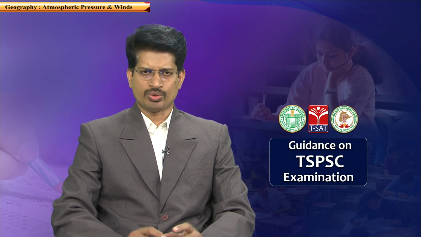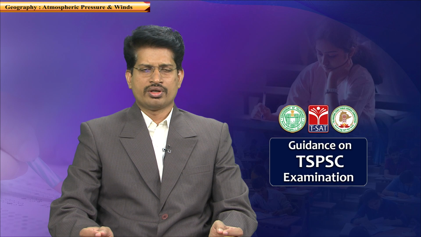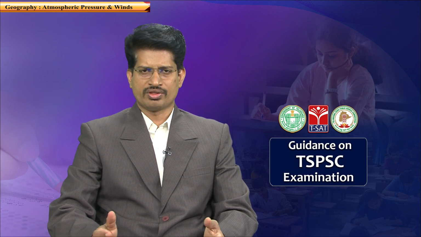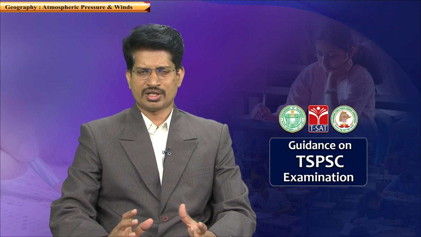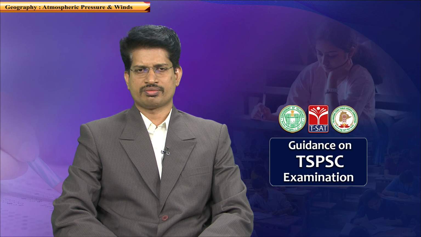Primary circulation means atmospheric circulation happening in a homogeneous manner as a global phenomenon. When this same kind of phenomenon happens throughout the globe, it is a primary circulation.